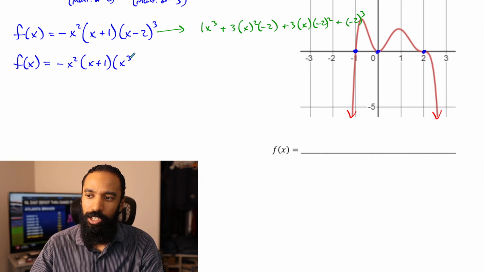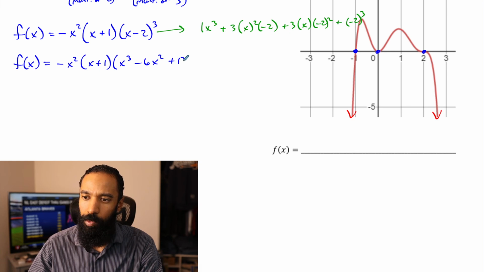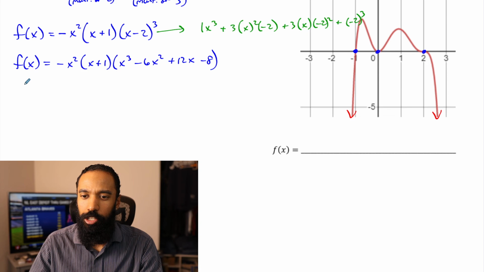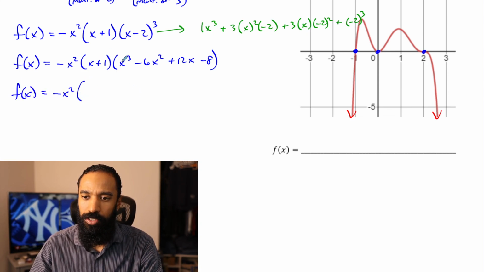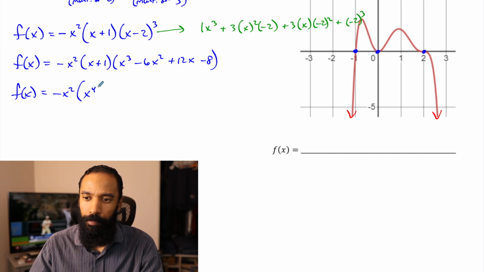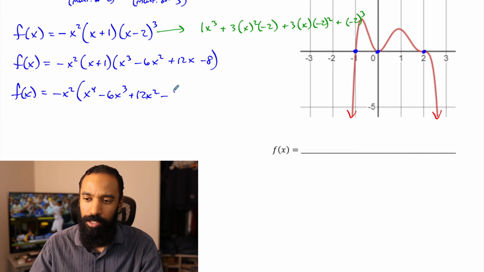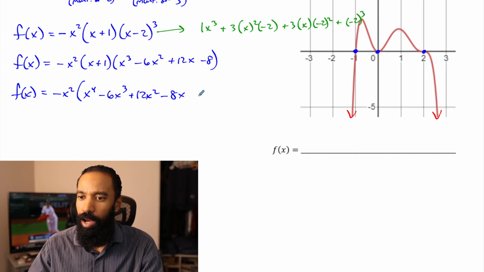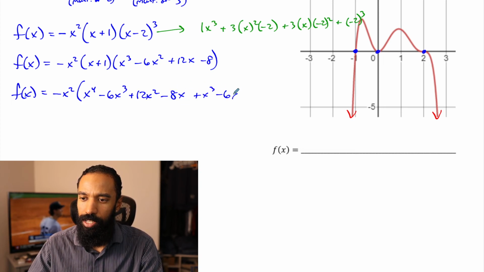So that'll become x cubed minus 6x squared plus 12x minus 8. Now we'll do x plus 1 multiplying into those things right there. x to the 4th minus 6x cubed plus 12x squared minus 8x, plus x cubed minus 6x squared plus 12x minus 8.